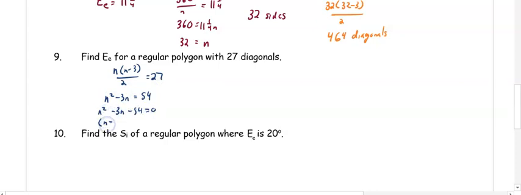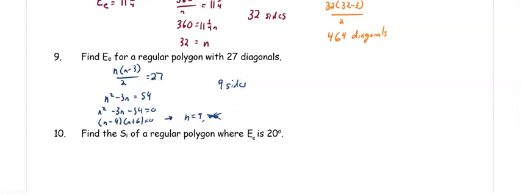We're going to factor, so n minus 9, n plus 6 equals 0. So we get n is 9 or negative 6. We can't have negative sides. So we now know we have 9 sides. So to find each exterior angle, we're going to do 360 divided by 9, and we get 40 degrees.